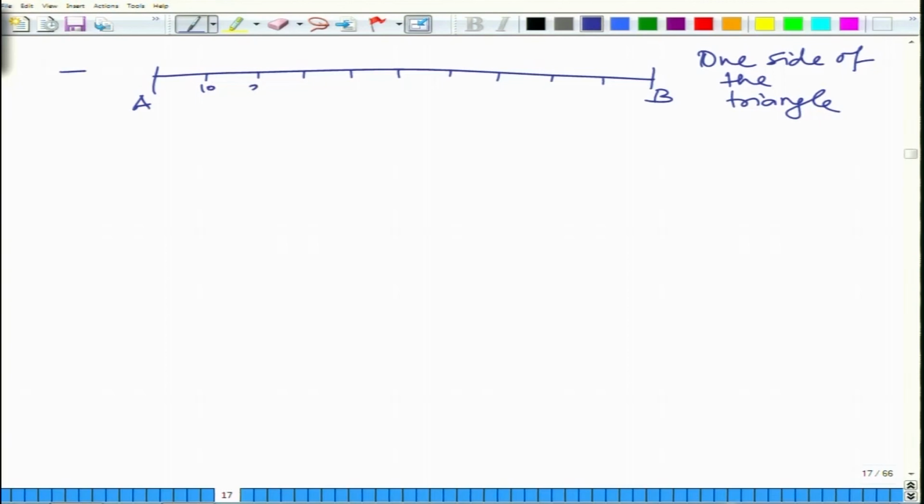So this is 10, 20, 30, 40, 50, 60, 70, 80, 90 and 100, and then divide these into 10. So this is 10 divisions. So in total you will have about 100 divisions.